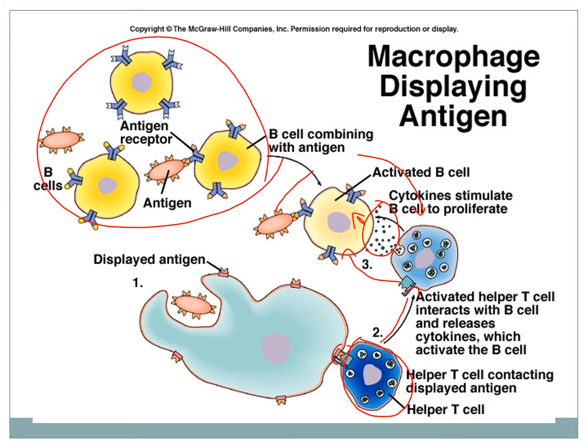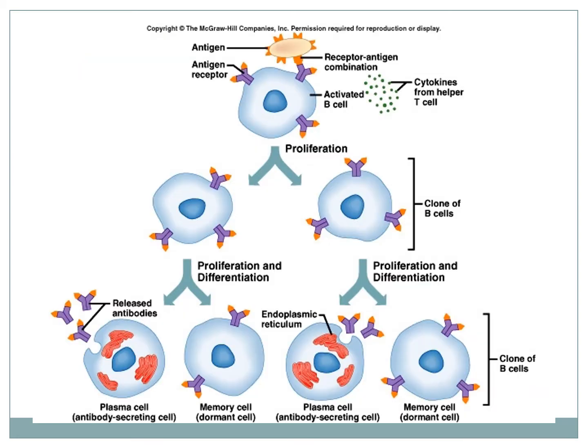Now, B cell proliferation means once the individual B cell is activated by cytokines and the antigen, it makes what's known as clone B cells. From the clone B cells, they undergo more proliferation and differentiation. They mostly become what's known as plasma cells, but a few of them become memory B cells.